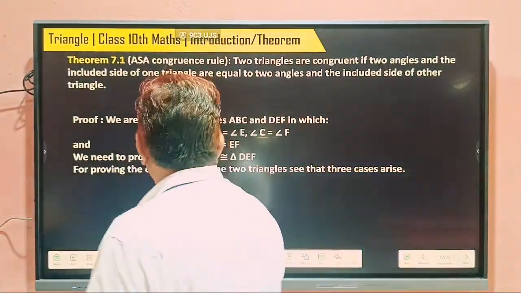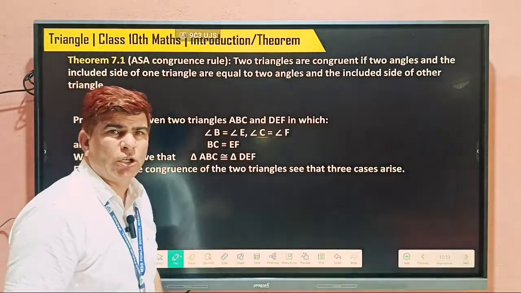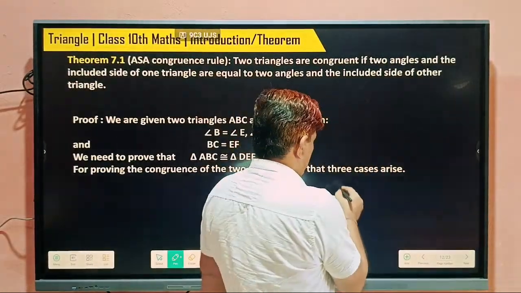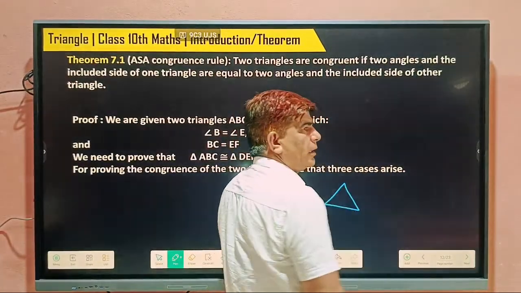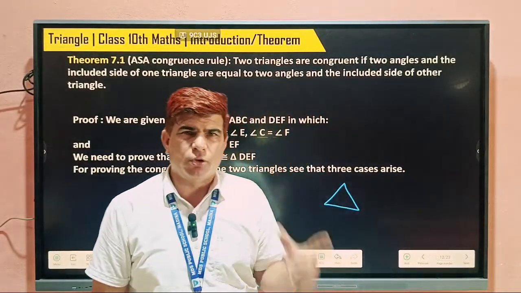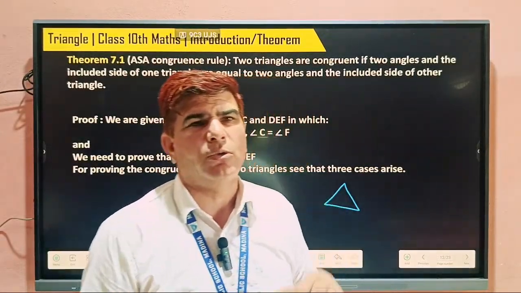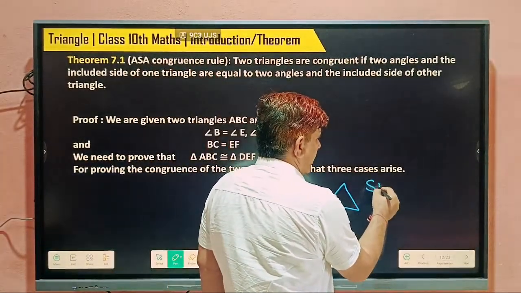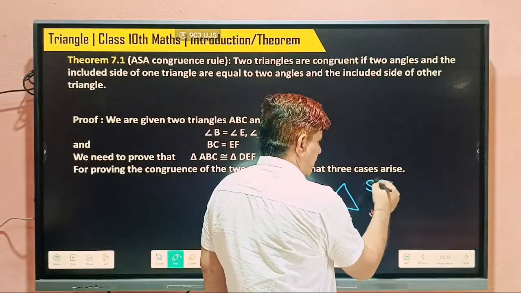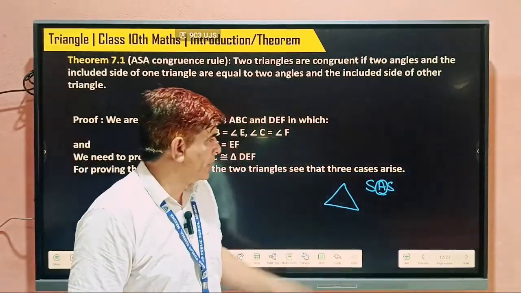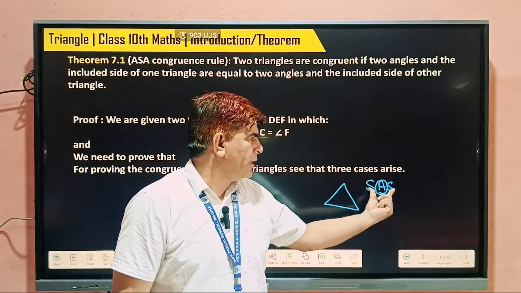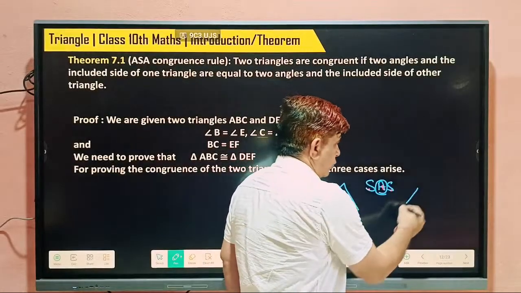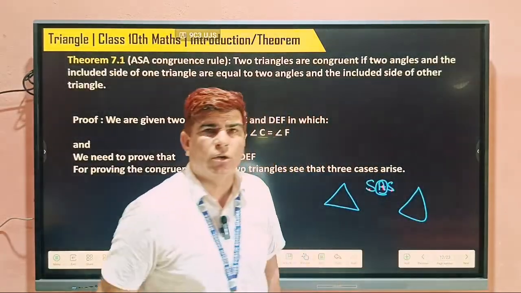So this axiom is our previous knowledge. We know this: two triangles are congruent if two sides and the included angle of one triangle are equal to the two sides and included angle of another triangle.